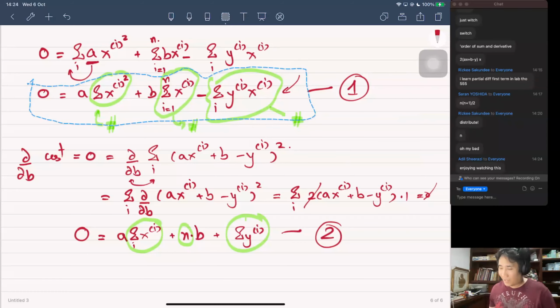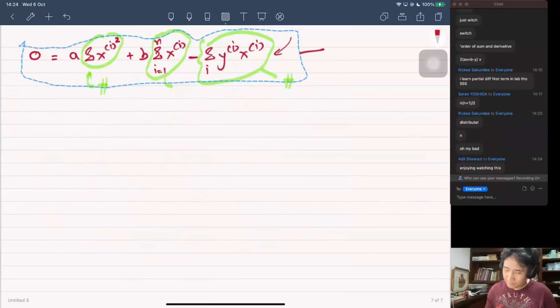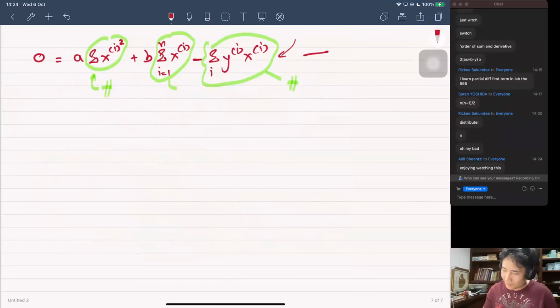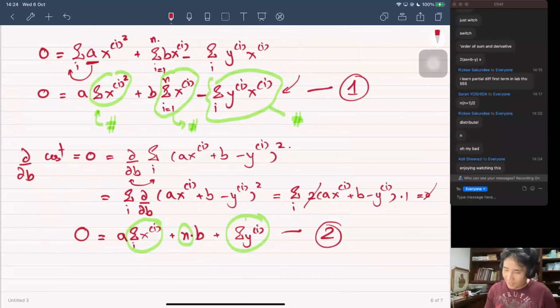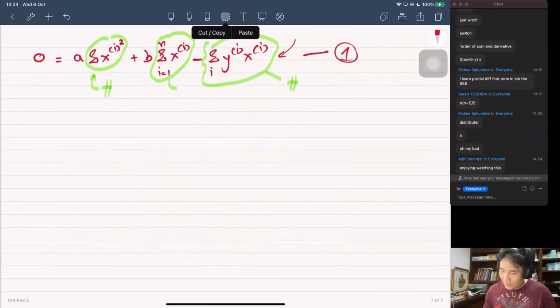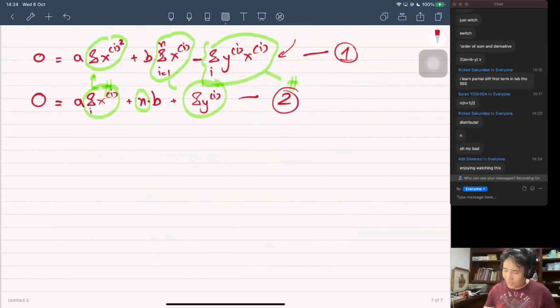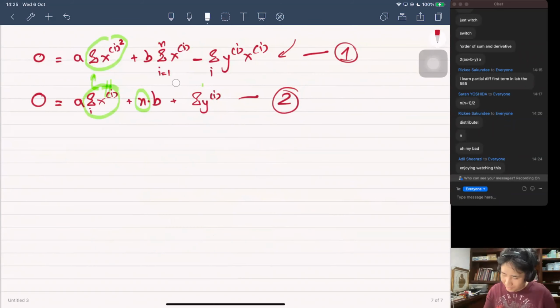Okay, so let me copy the two equations and then we're gonna write it as a matrix. Okay, this is number one. And this guy is number two. Let me clean this thing up a little bit.